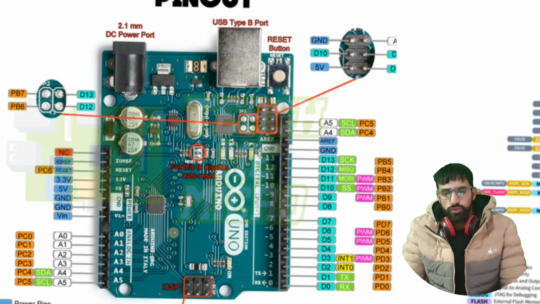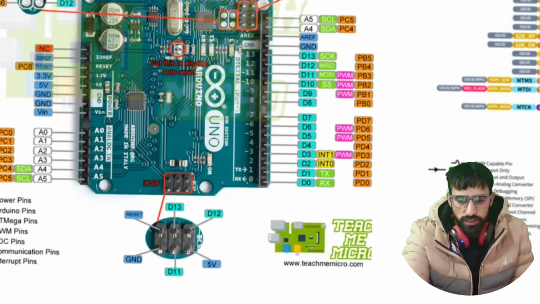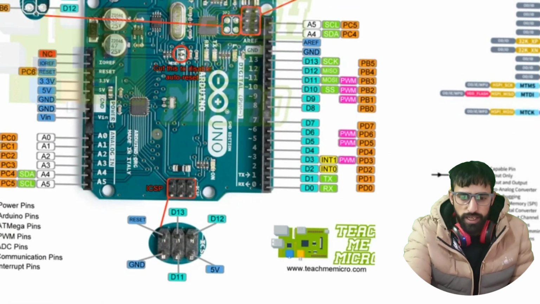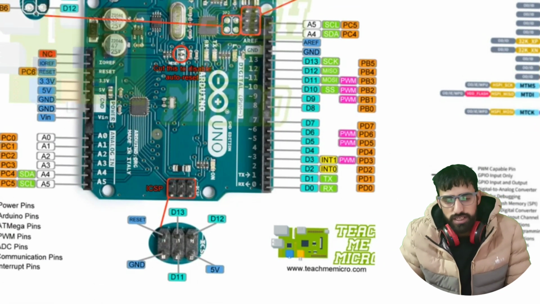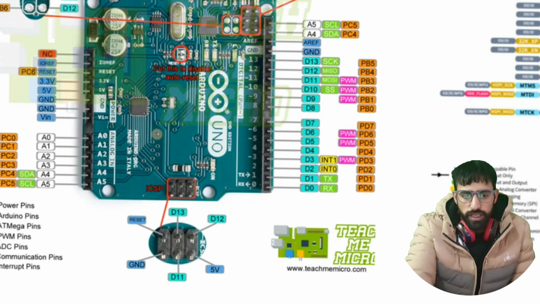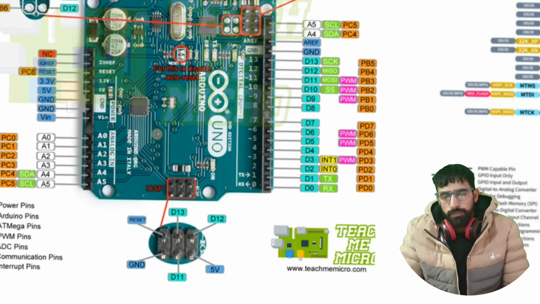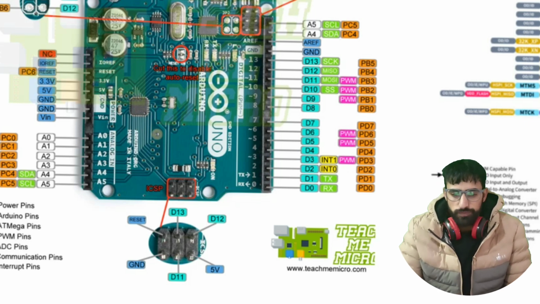Same thing here, these are the digital pins from D0 to D13. Here A4, A5 are SCL, SDA, there is UART communication, and SPI communication from D10 to D13. Compared to Uno, we can use Nano with a breadboard also.